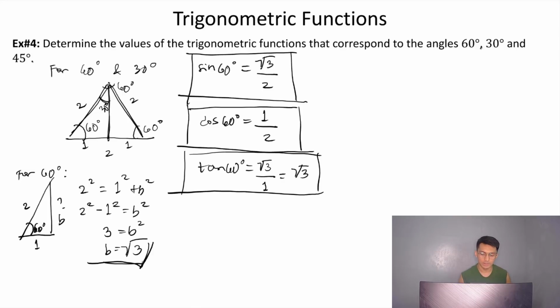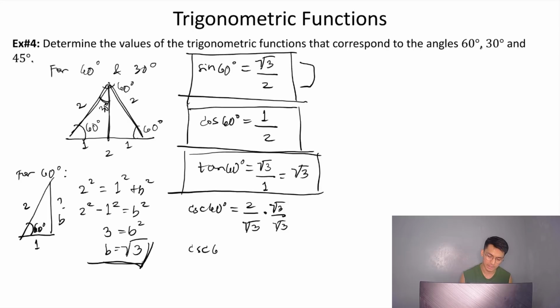Next, for cosecant 60. Na-reverse function ng sine 60. So, therefore, sulat na lang natin as kabaliktaran nitong part na to. We have 2 over square root of 3. And by rationalizing, multiply the numerator and the denominator by square root of 3.